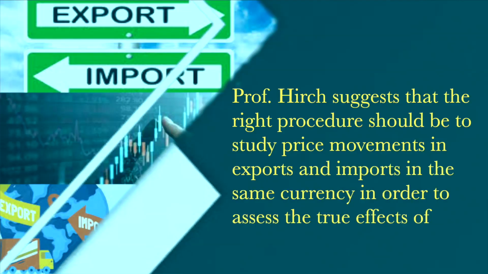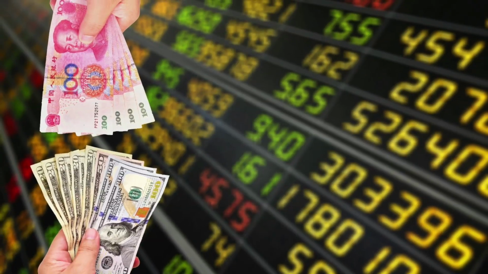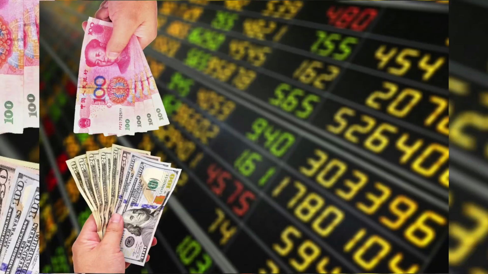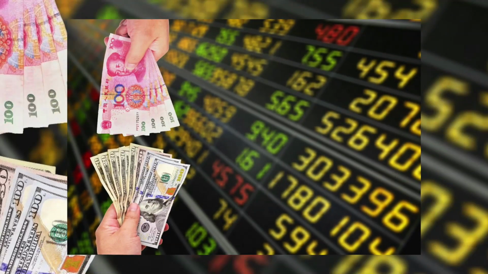Professor Hirsch suggests that the right procedure should be to study price movements in exports and imports in the same currency in order to assess the true effects of devaluation. Both export and import prices normally rise in the home currency and fall in the foreign currency.